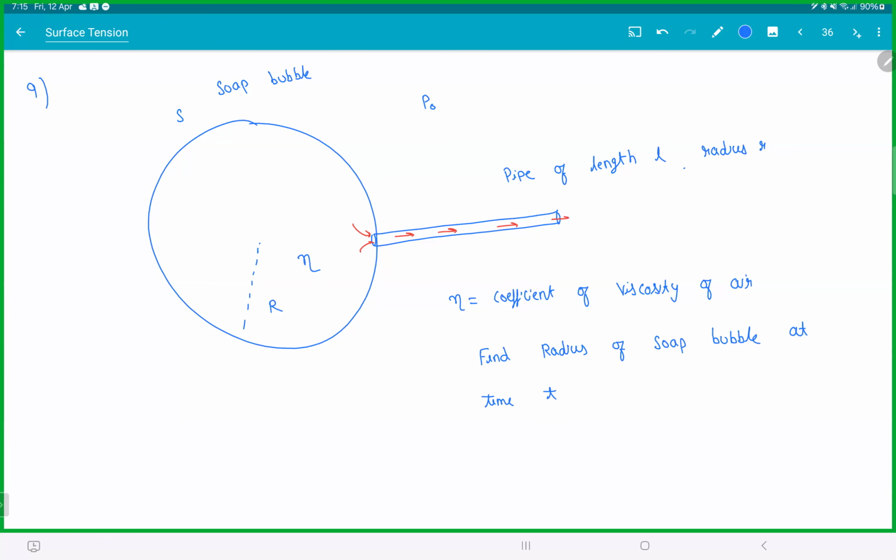How to do? Remember Poiseuille's equation? dV by dt is pi delta P r power 4 by 8 eta L. Because of the pressure difference, the volume is leaking. We have to start from there.